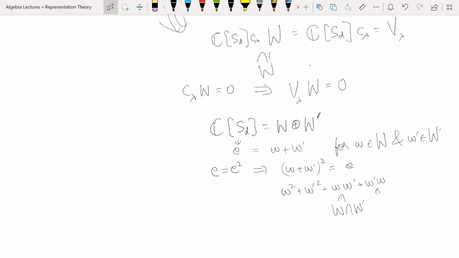It's basically because capital W prime is an ideal, so it's already in W prime, the first term. But then if we substitute W prime by E minus W, then we'll get it's in W as well. So you are trying to prove that W and W prime are idempotent? Yes, that's what I'm trying to prove.